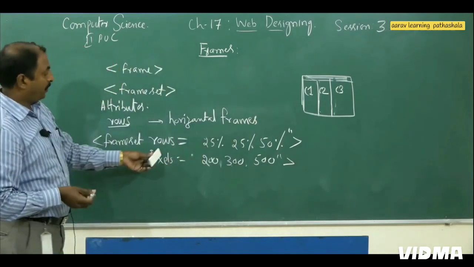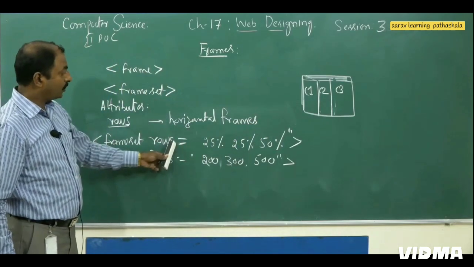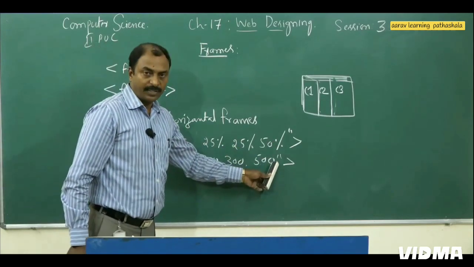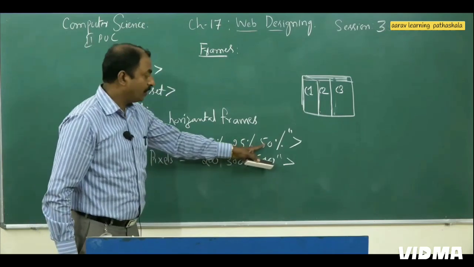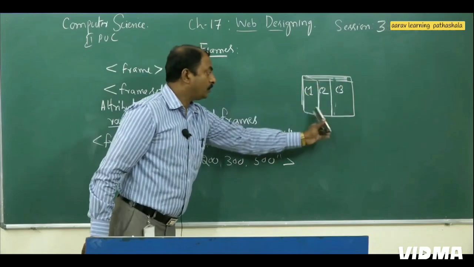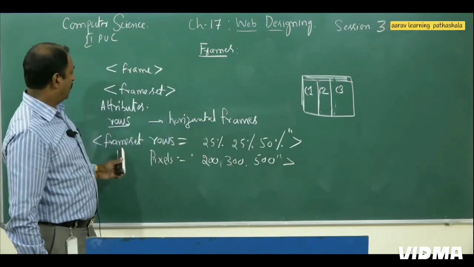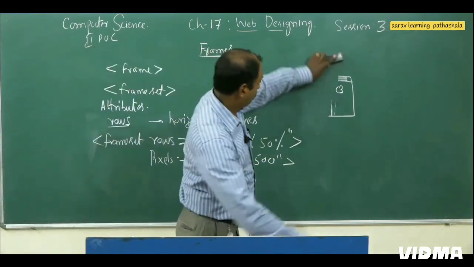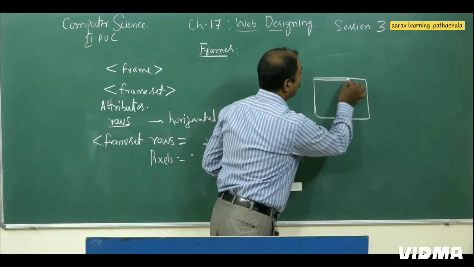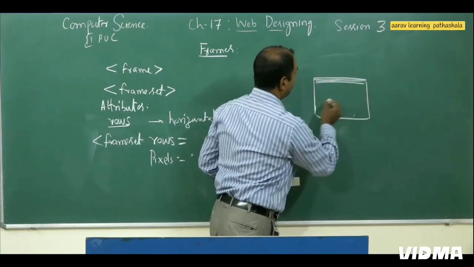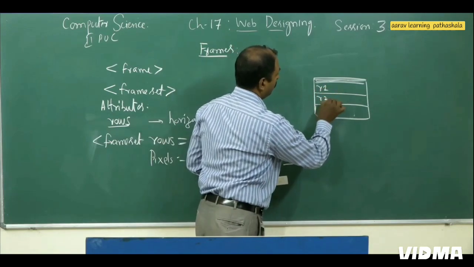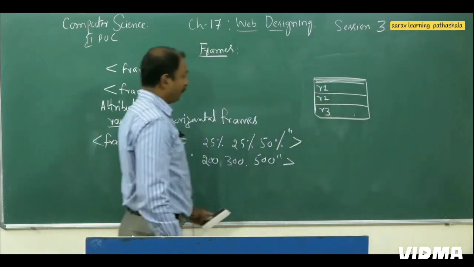Take the same example, frameset rows 25%, 25%, 50%, or with a number of pixels. Here we have mentioned three values. So in the output, this window will be divided into three frames in the form of rows. This is your web browser window, and here it divides like this. So this is your row 1, row 2, and row 3.